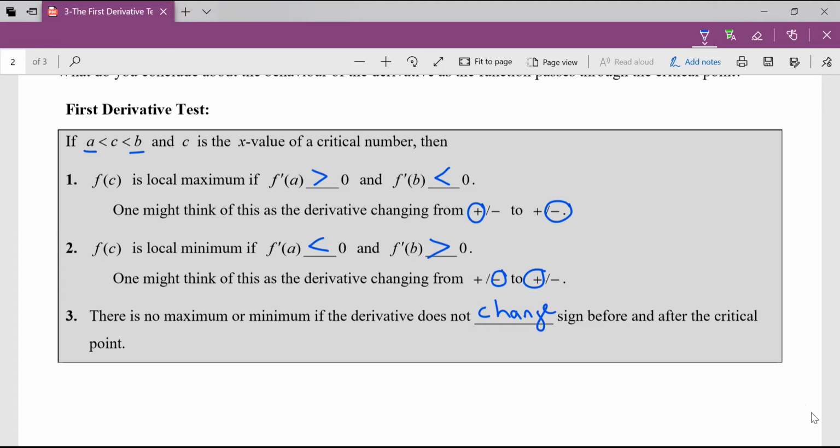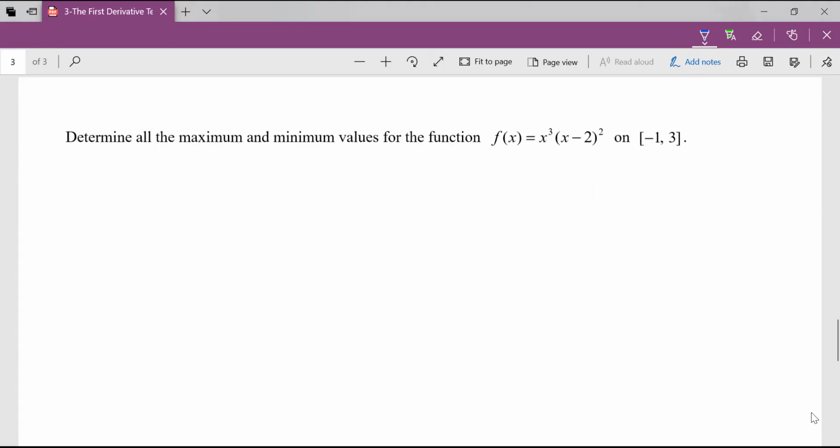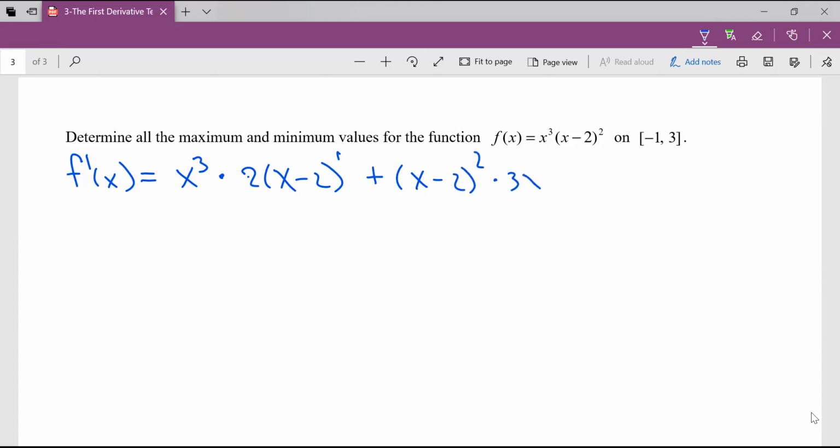Okay, let's see how the first derivative test works algebraically. We have to take the derivative of this function, so I'm thinking product rule. The derivative f prime of x is the first times the derivative of the second, which is 2x minus 2, plus the second times the derivative of the first.